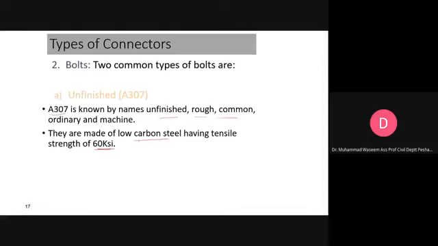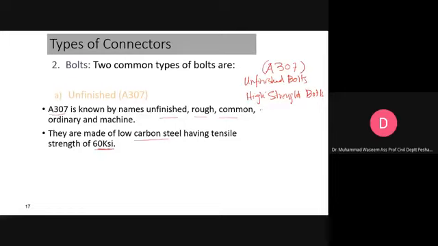On the other hand, let me write it down here. We have unfinished bolts, and we have high strength bolts. Unfinished bolts are designated as A307.